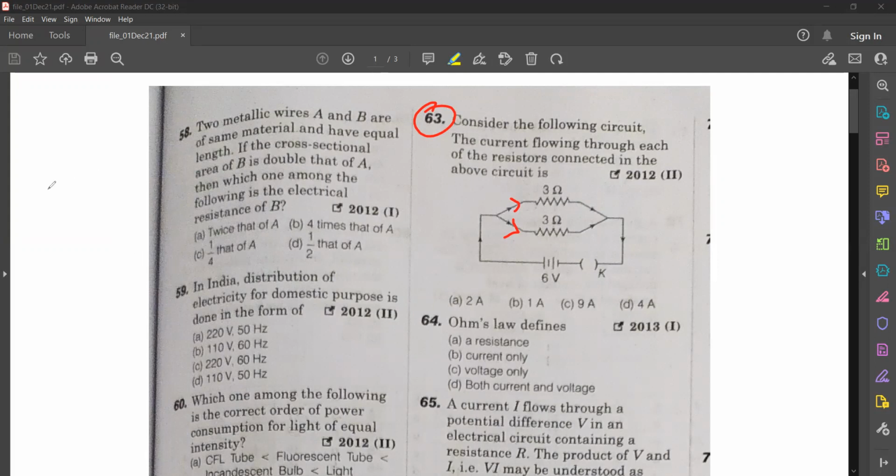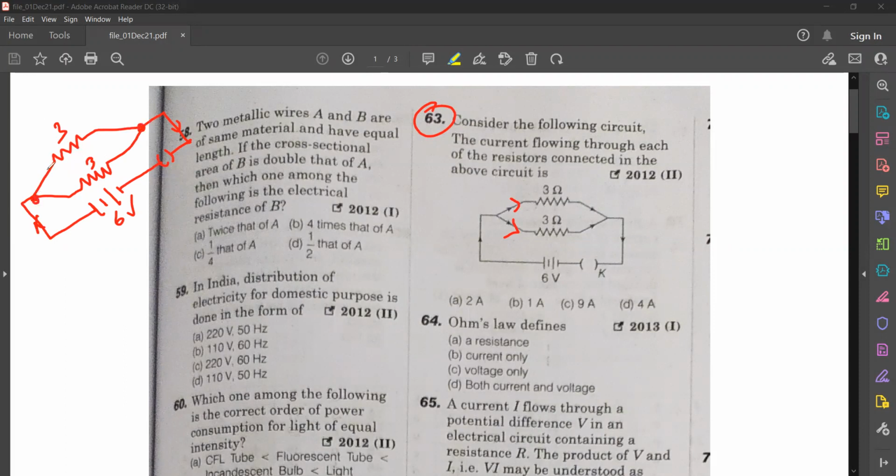Okay, now listen. So 3 ohm, 6 volt. What is the peculiarity of a parallel circuit? In a parallel circuit, the voltage across both these resistors will be the same, isn't it?